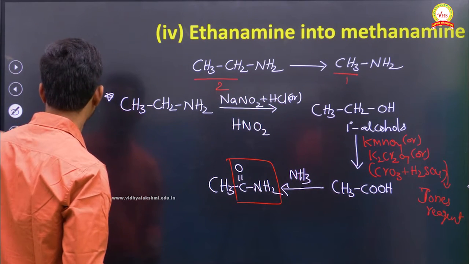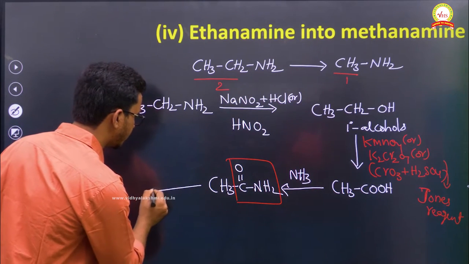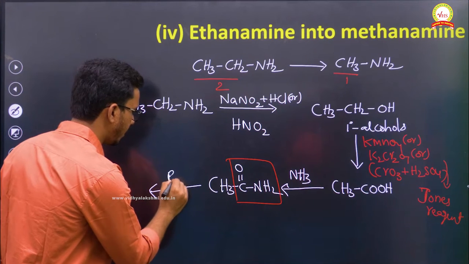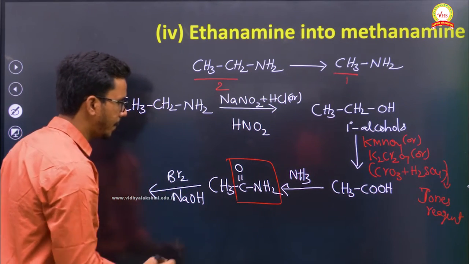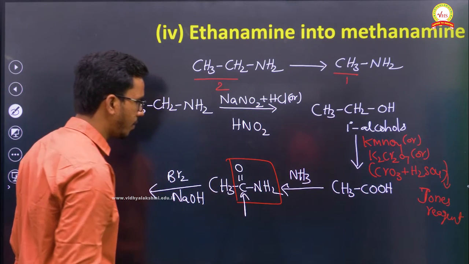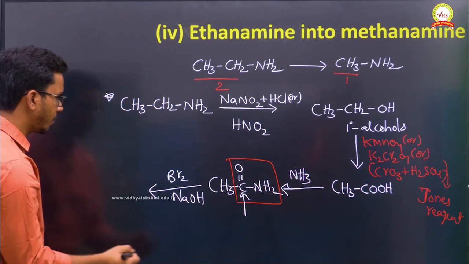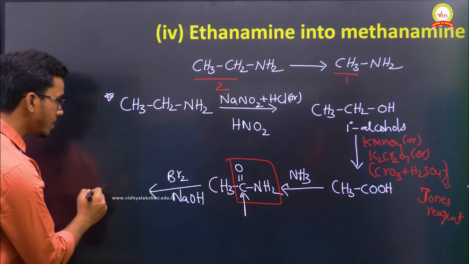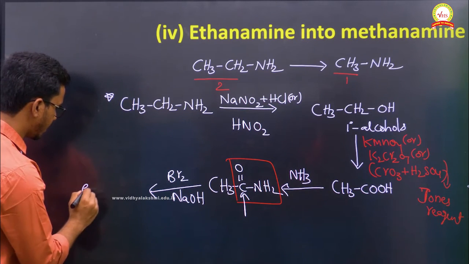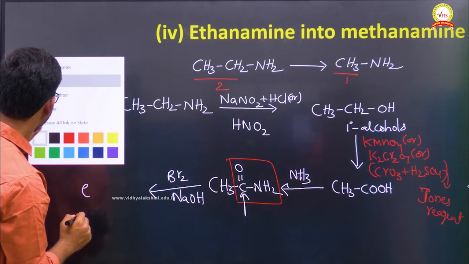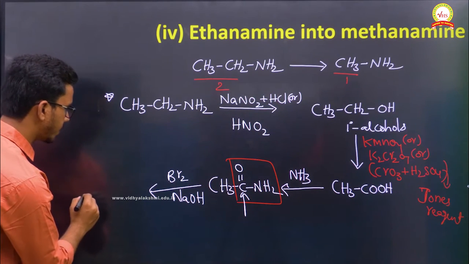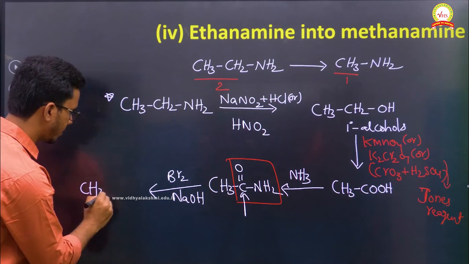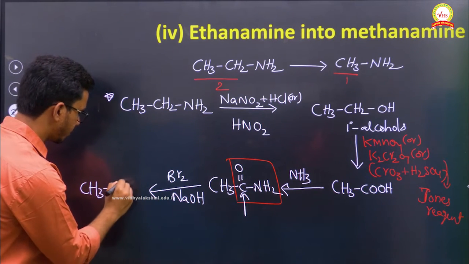Let me take that reaction now. What are the reagents we have to use? That is Br2 and NaOH. What happens? The carbonyl carbon of the amide will be taken off from the substance. That is CH3NH2.